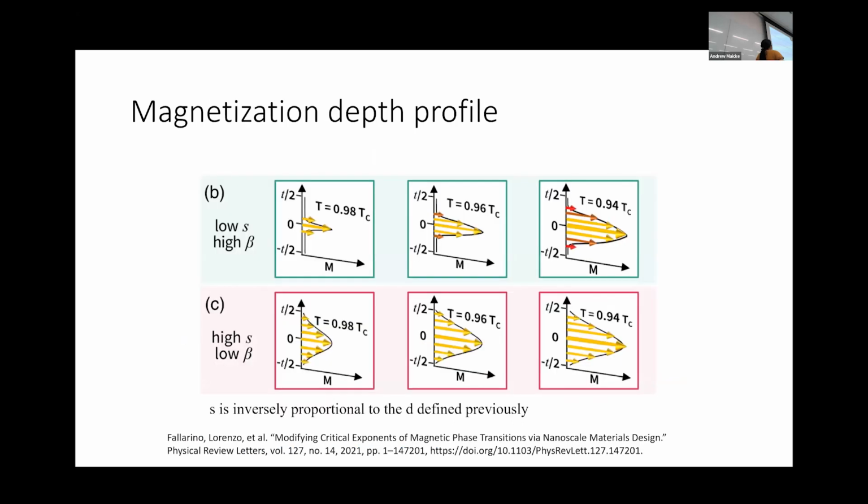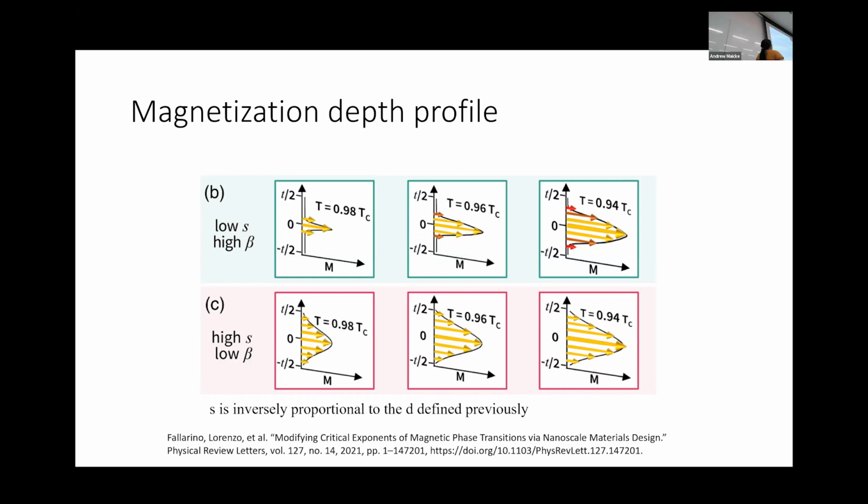After we have different Curie temperatures, we apply a magnetic field, and the different Curie temperatures will create different magnetization. The S here is the inverse of the d dimension.